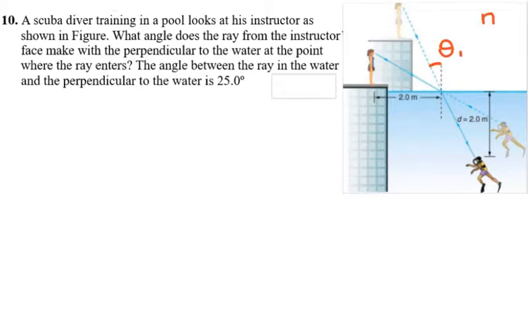This is n1, this is n2, and we know the distance to where the diver appears to be, which is 2 meters, and how far from where the instructor looks at, we have that distance as well, 2 meters.